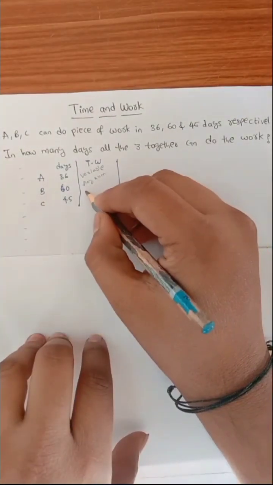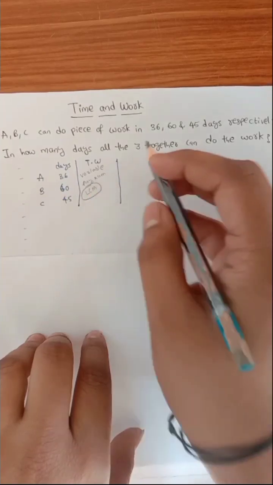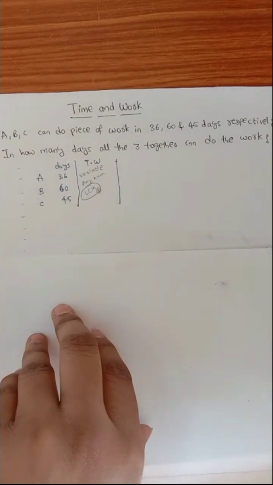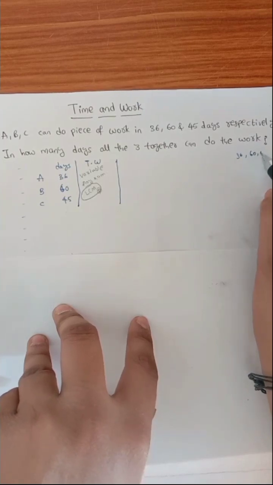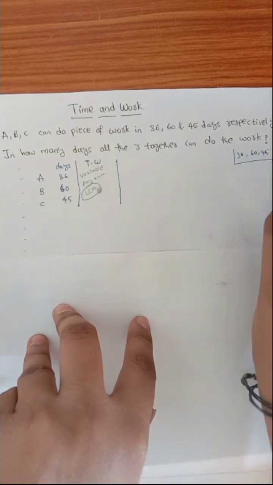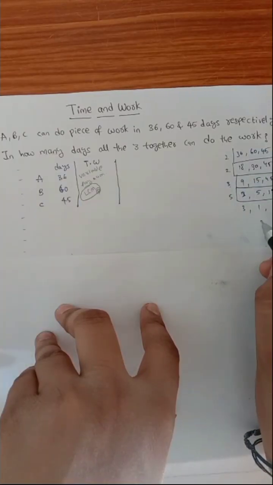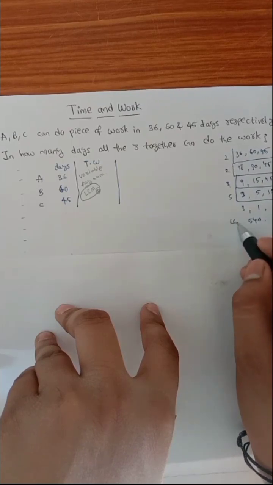Or you can take the LCM. I will prefer this LCM. So use the LCM of these numbers: 36, 60, 45. If you make the LCM for this, you are going to get 540 as the LCM.